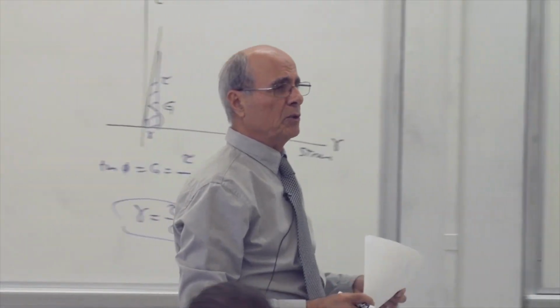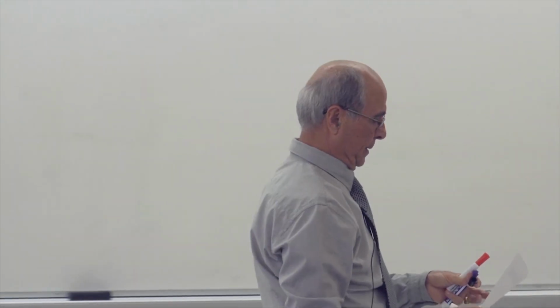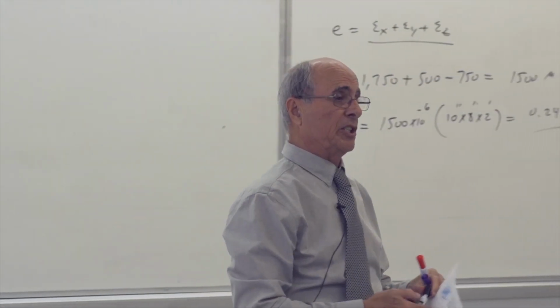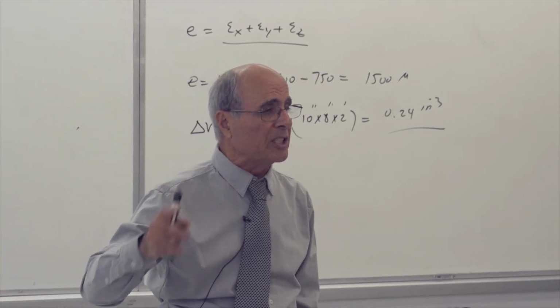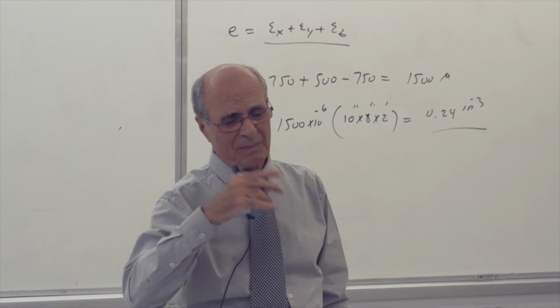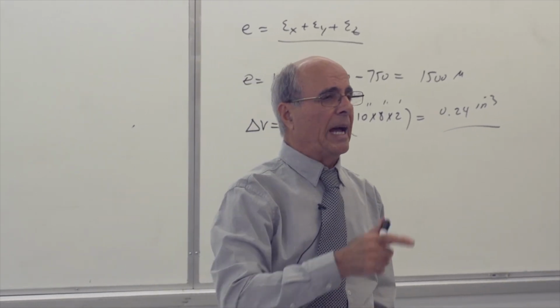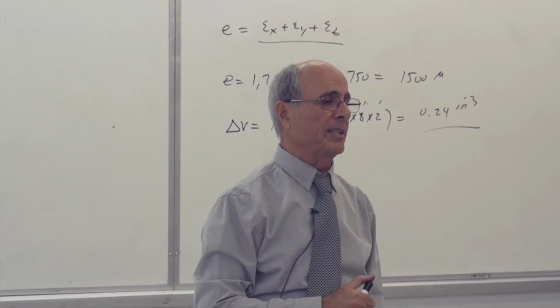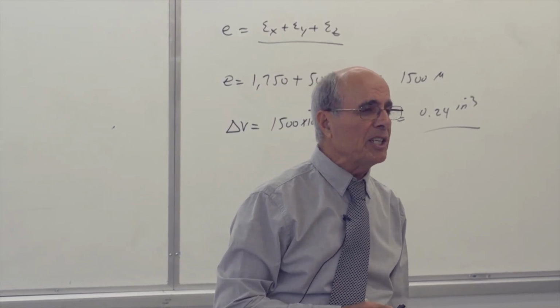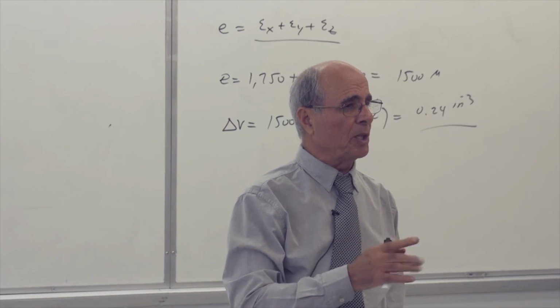Anybody know why I use tangent gamma equal to gamma? One of the reasons for the error in your solution manual is that they use tangent of theta instead of theta. And if you read the book and follow that one, I believe you did not understand it. Because theta is very small. It has to be, otherwise it doesn't work.